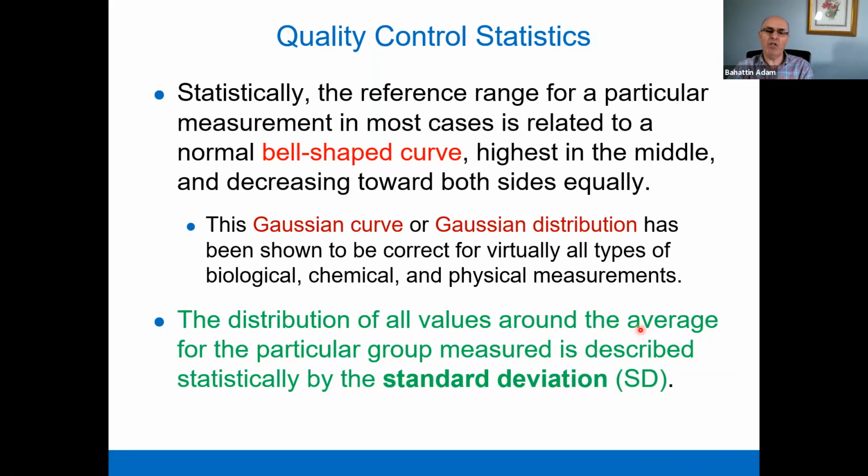The distribution of all values around the average for the particular group measurement is described statistically by standard deviation. You have an average value, and the data above or below the average value is known as the standard deviation, deviated from the average value.